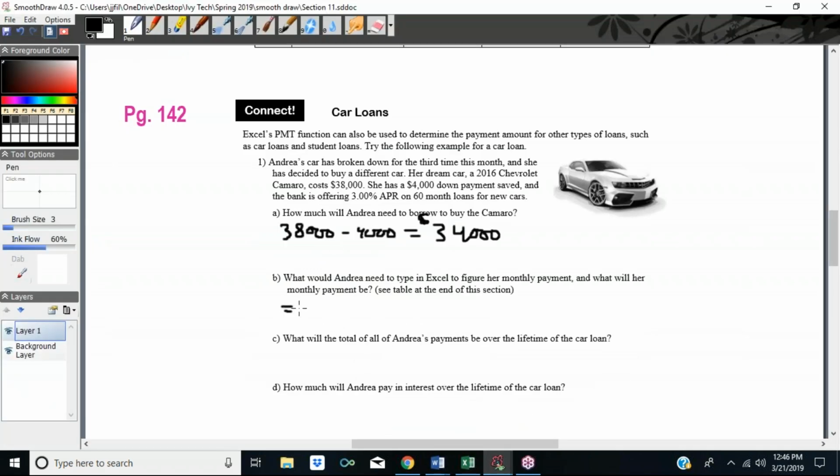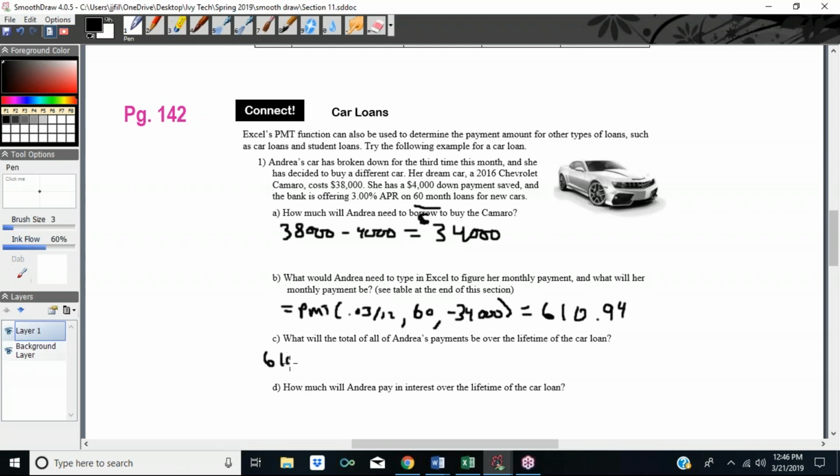So we would type in equals PMT 0.03 for that 3% divided by 12, so it's monthly. The 60 payments, 60 months, and then how much she's borrowing, 34,000 negative, and it does give us 610.94.